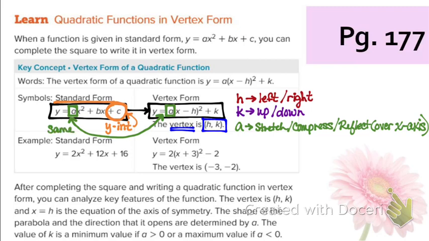So when I'm in standard form, I already know A. The only pieces that I need to go and find to put it into vertex form are H and K, because I already have A. If you look down here at this example, what's the A value on the standard form? 2. What's the A value on our vertex form? Right over here. It's also 2. Notice my A value stays exactly the same between these forms.